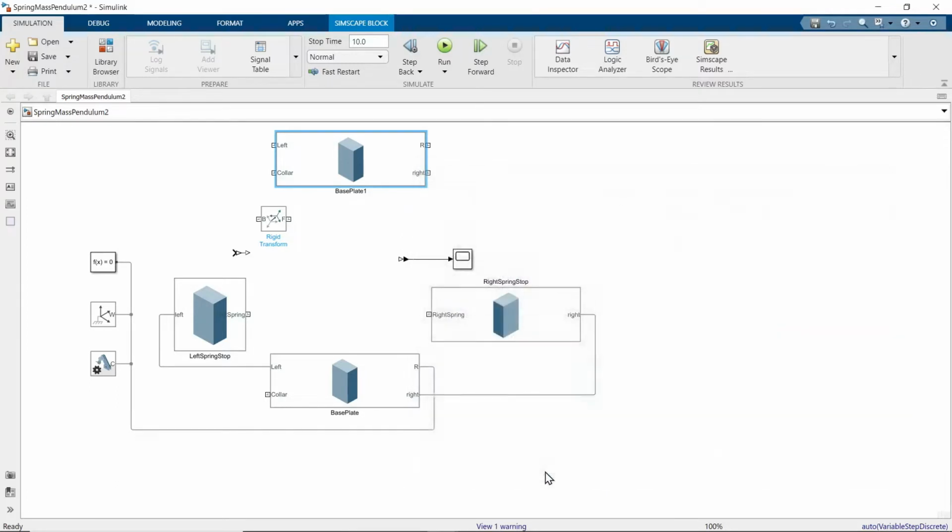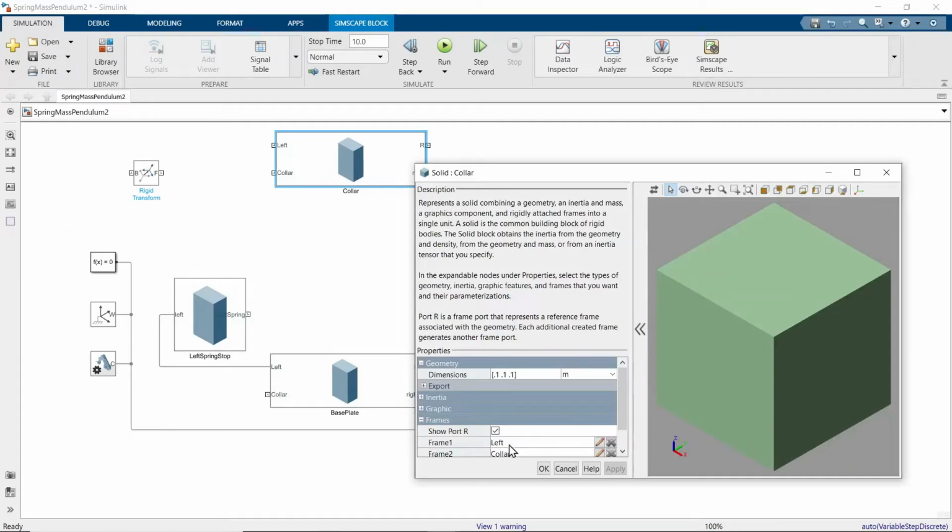Alright, okay. Let's rename that to collar. Let's move this, delete this, and we'll delete those.